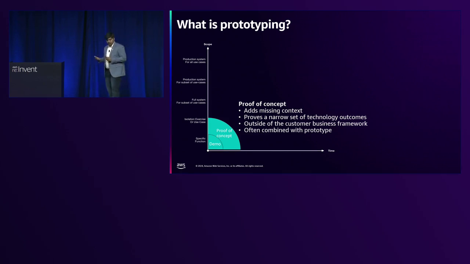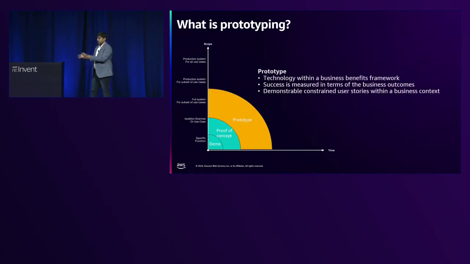And once the POC is fine and you're happy with it, you build a prototype where you again add a full business benefits framework on top of the POC which you have developed. And you keep an eye on the business outcomes in this phase, that the prototype is actually adding value to your business.